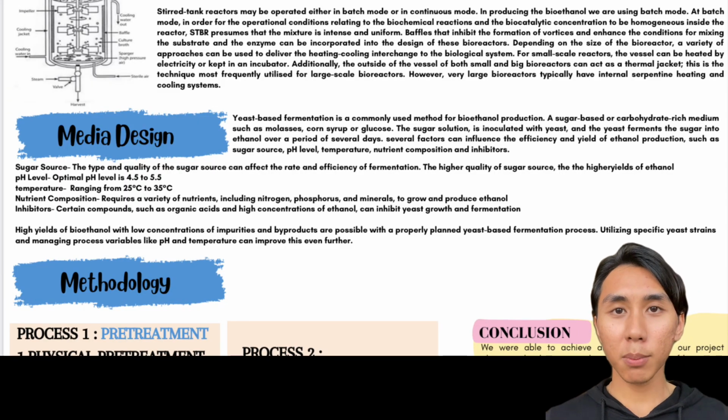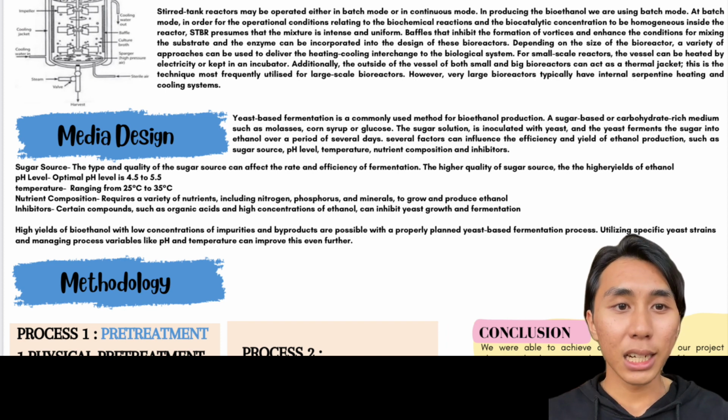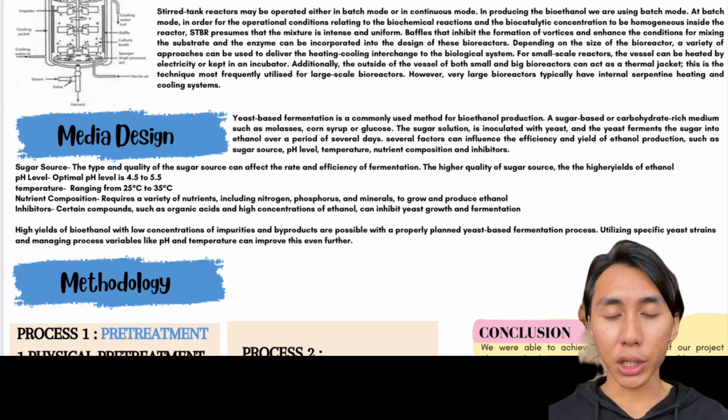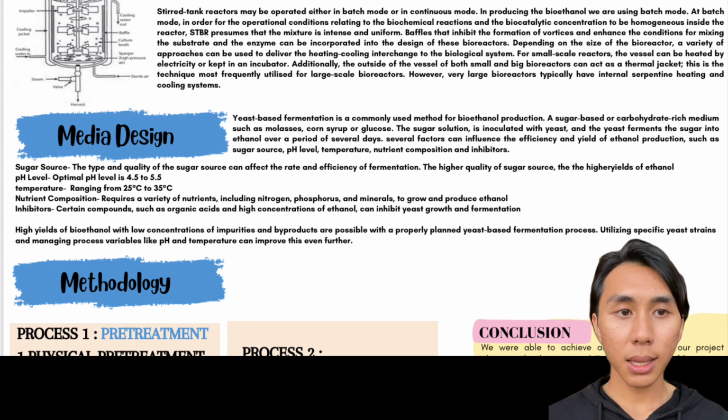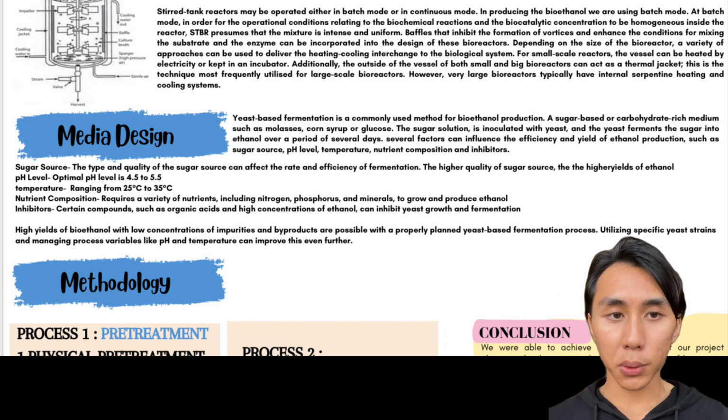So I will explain about the design for our bioethanol production from lignocellulosic biomass. Our group used yeast-based fermentation because it is commonly used for bioethanol production. A sugar-based or carbohydrate-rich medium such as molasses, corn syrup, or glucose is used.